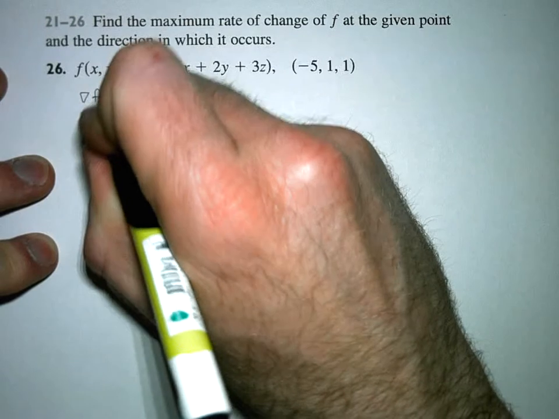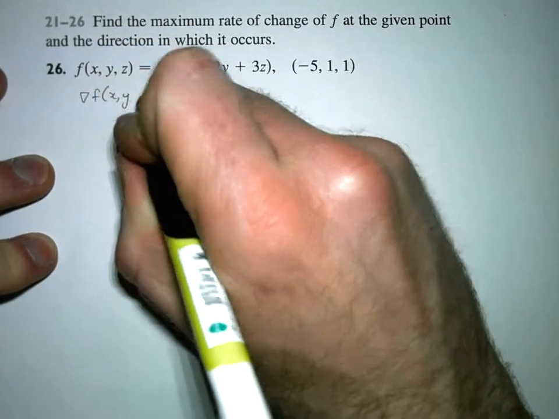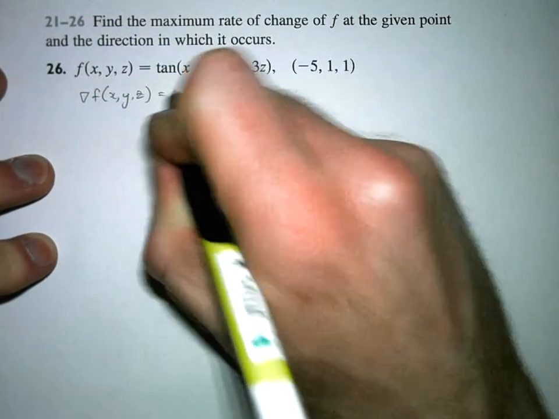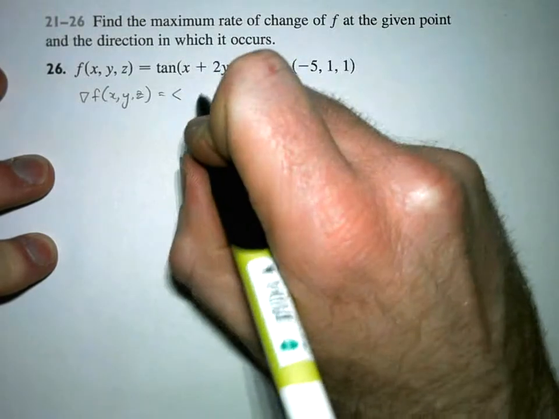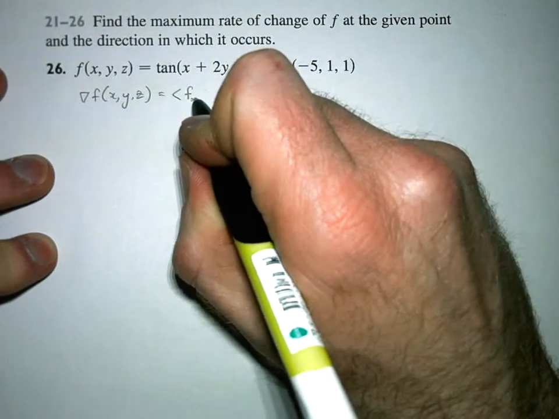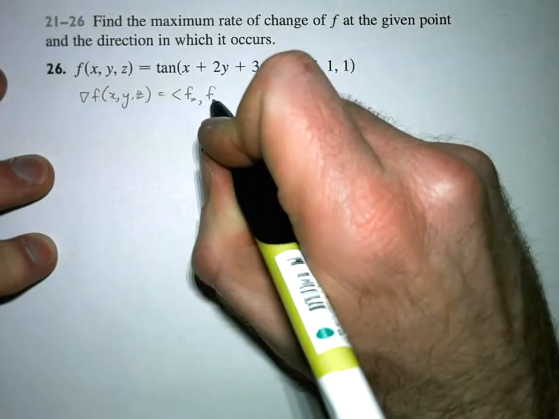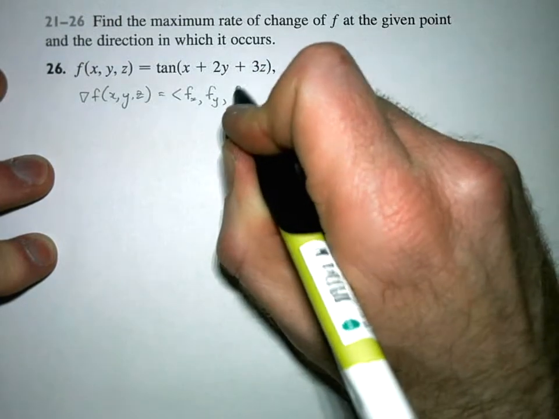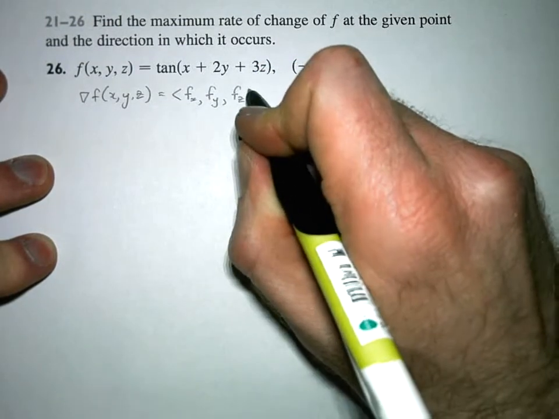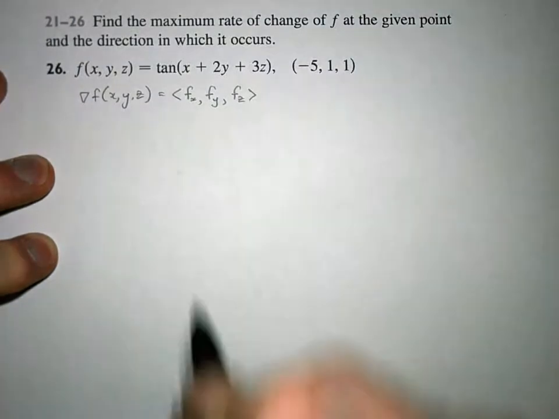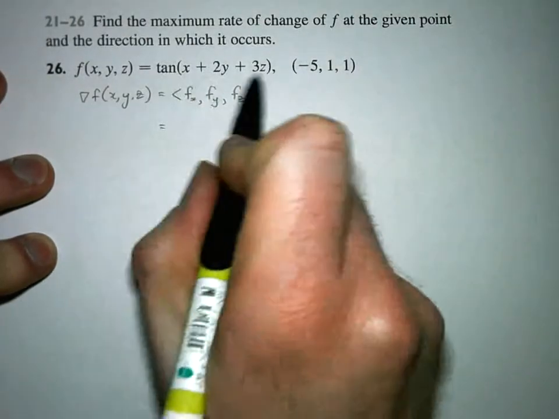Del of f at a random point (x, y, z), we know that's simply the vector where the first entry is the function differentiated with respect to x, the second entry is the function differentiated with respect to y, and the third entry is the function differentiated with respect to z. So we want to differentiate this with respect to x.